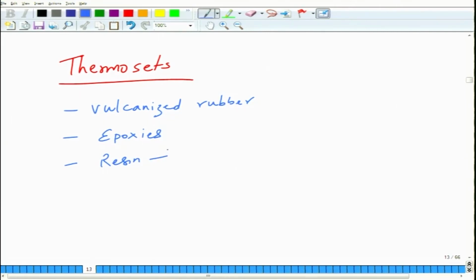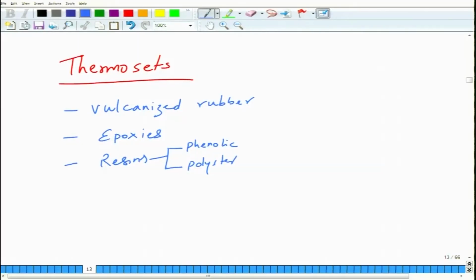Okay. If you are a metallurgist, you might have used the resin to set the sample, right. It is used for metallographic samples, and that resin becomes very hard after curing, and if you heat it up, it just degrades, it does not melt.